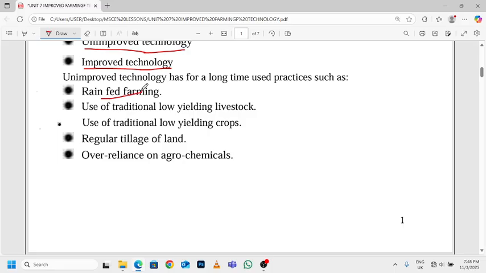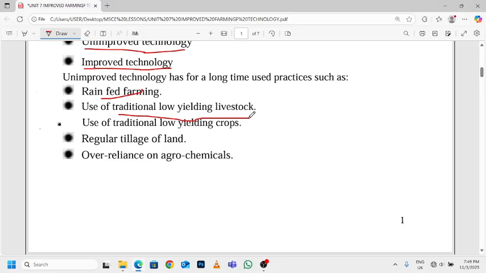Rain-fed farming, this is the kind of farming where we depend solely or much on rain. Ulimi wodalira mvula. Ngati mvula sibwera ndiye ulimi sutheka. That's rain-fed farming.